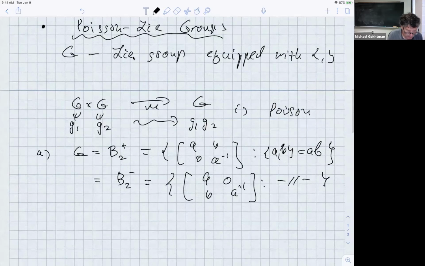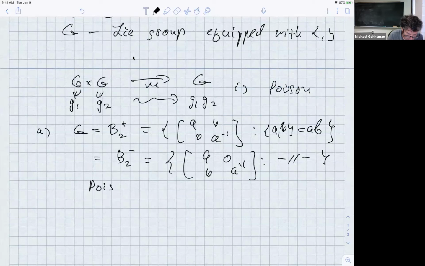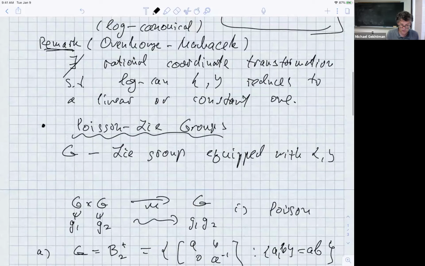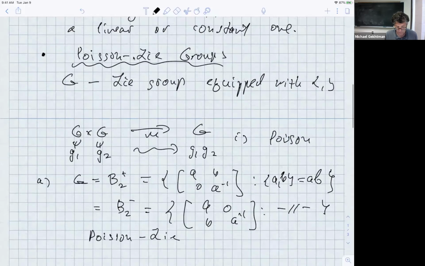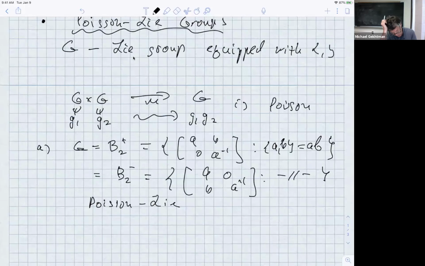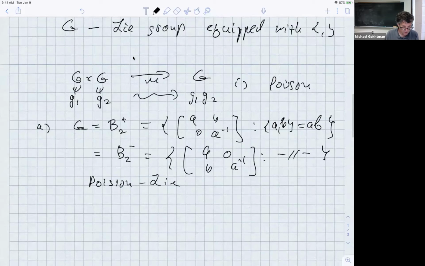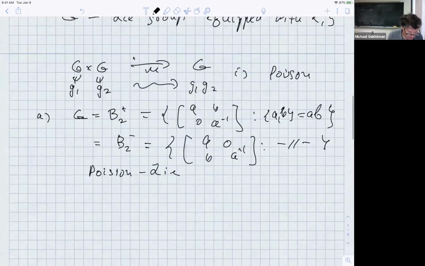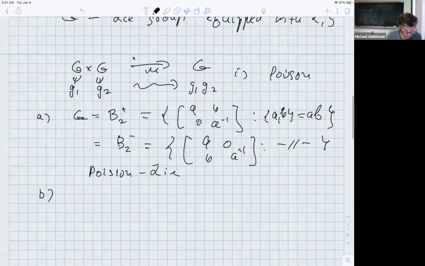Okay, so this is an easy exercise to show that this is a Poisson-Lie structure, right? And it has this log canonical property: the Poisson bracket of two coordinates is equal to a constant, in this case equal to 1, times their product.